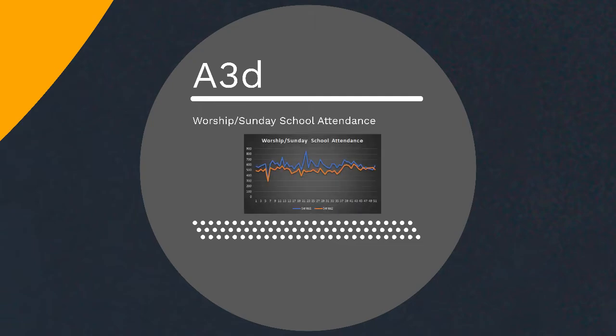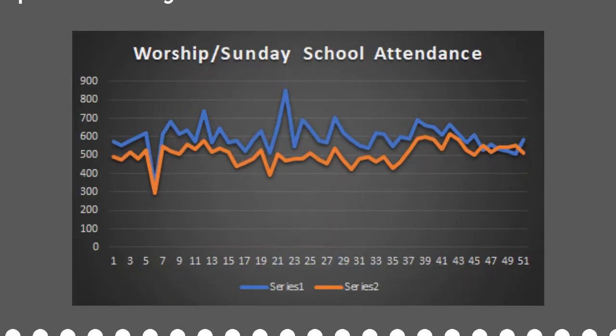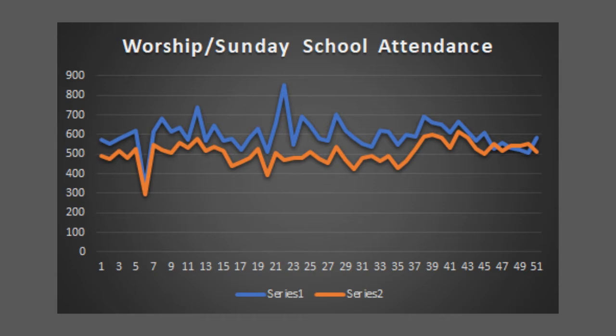Looking at the two graphs together, you can see we follow a very similar pattern to what happens in worship, obviously, and we run a little bit behind. Blue is worship, orange is Sunday school attendance. I think they're good graphs, good numbers this time. We're healthy, we're maintaining, we're growing a little.